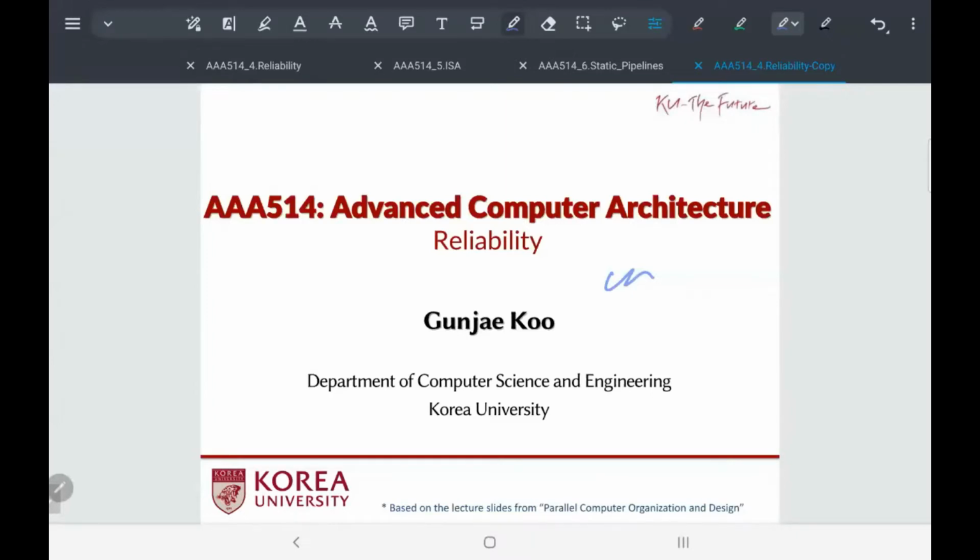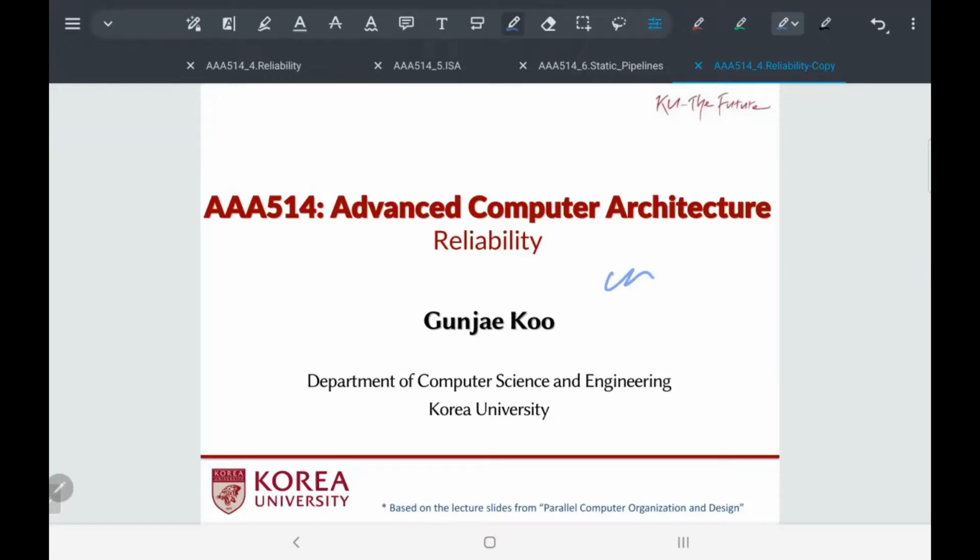You are familiar with the static pipeline architecture because we learned the 5-stage pipeline architecture in the undergraduate course. But this time, I will also review this 5-stage pipeline architecture. Also, I will discuss some more advanced architectures, such as superscalar or superpipeline architecture. So hopefully I can complete up to the static pipeline architecture.